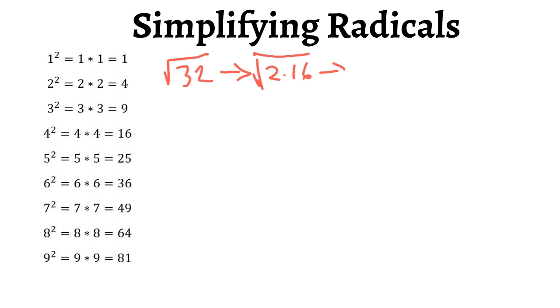Sorry, 2 times 8. So I'm going to write 16 as 4 times 4. Notice how I have a pair of 4's here. I can stop already. I know I can break down the 4 as 2 times 2 and 2 times 2, but whenever I find a pair, I want to stop there and pull it out to the front. I have 4 comes out, and the 2 that does not have a pair stays inside.